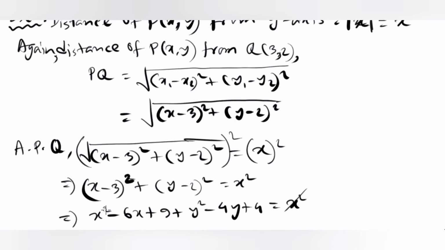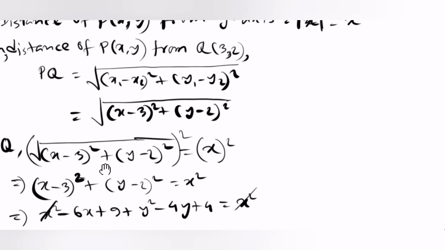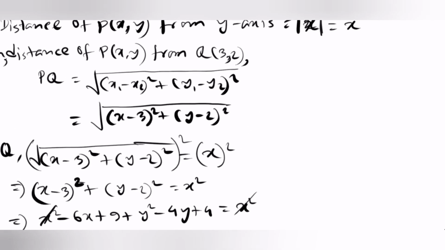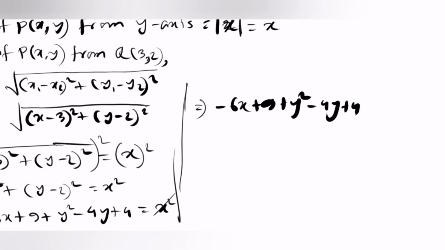We can omit x square from both sides, so minus 6x plus 9 plus y square minus 4y plus 4 is equal to 0.